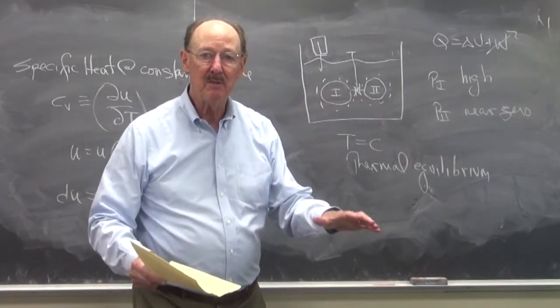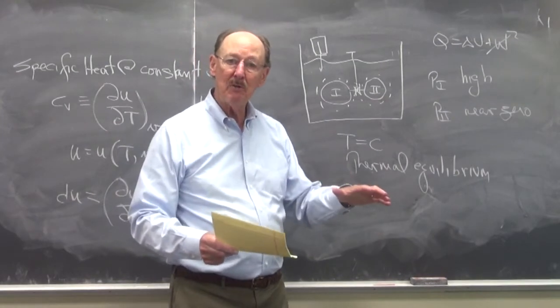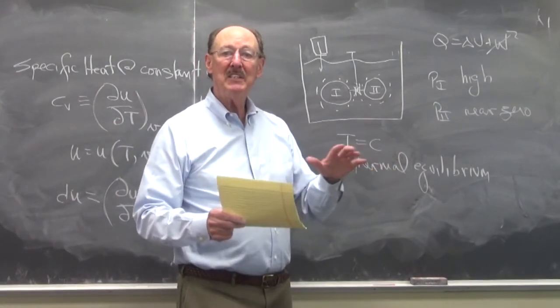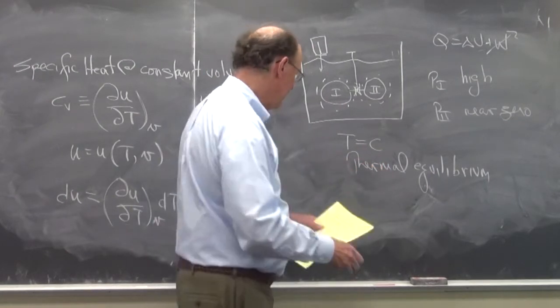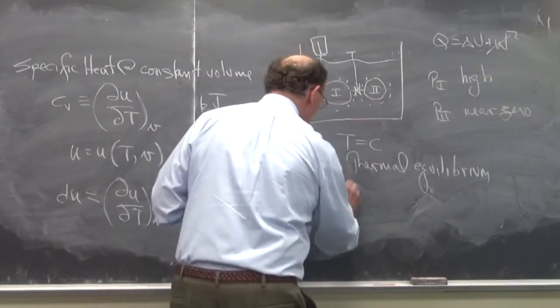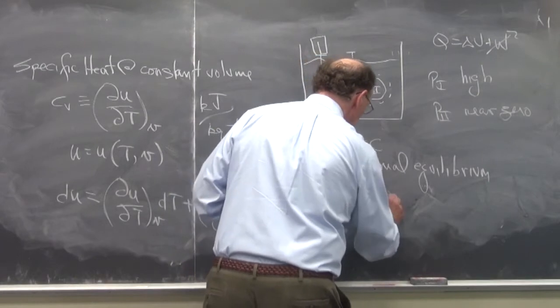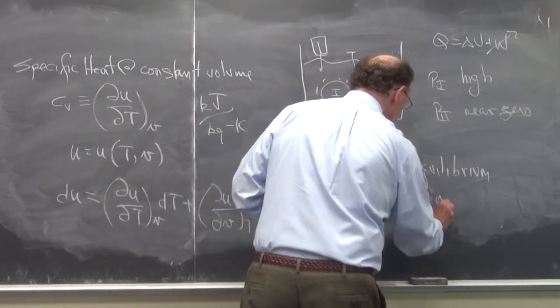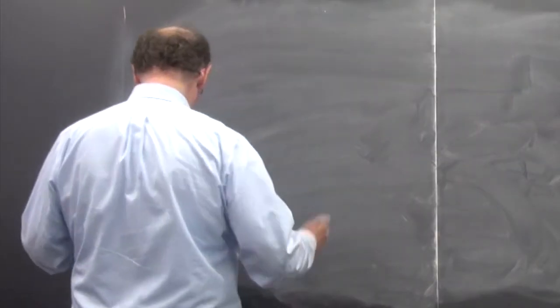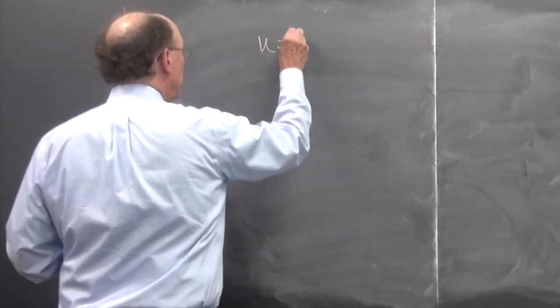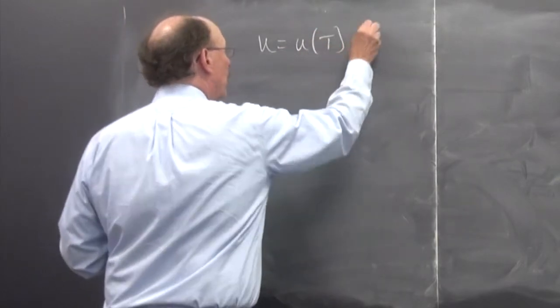Nothing happened. That meant delta U was 0, or that U was not a function of specific volume for an ideal gas. So no change in T, and therefore we have that U is equal to U of T for ideal gas.